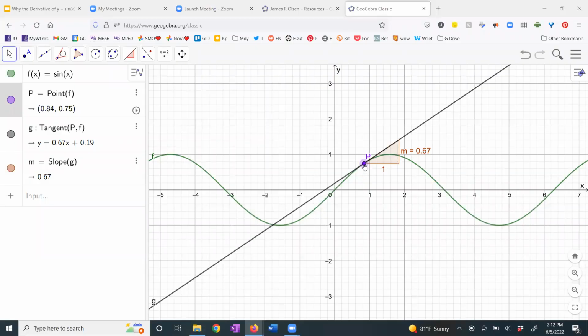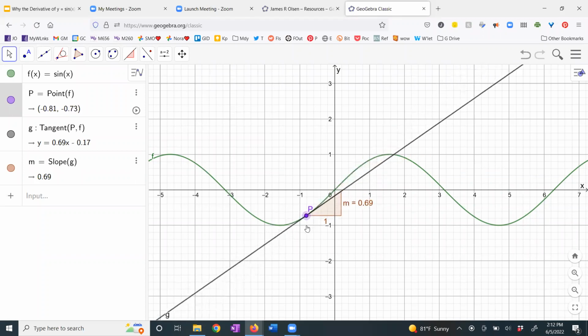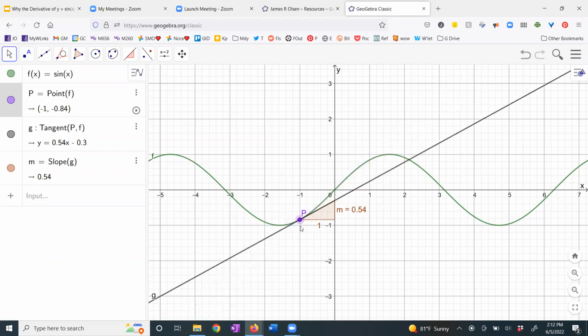So here's another case. For this particular x value, which happens to be -1 for input, the slope is 54/100ths, which means the derivative of sine at this particular point is 0.54. Now what I would like to do is I would like to graph the derivative.